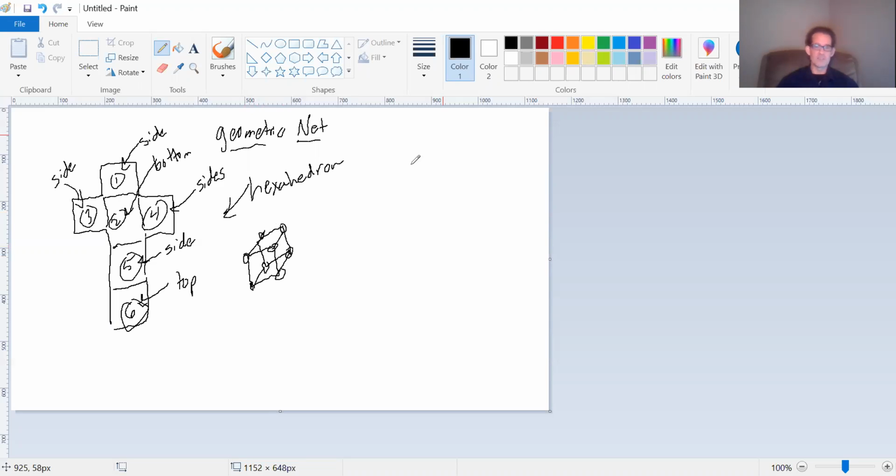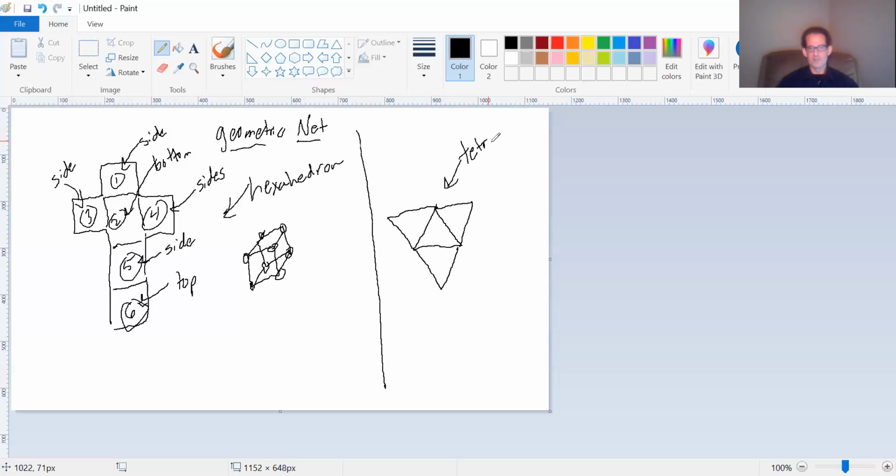Now you'll have other geometric nets that are unfolded. If I went back to my tetrahedron, and I wanted to see what a geometric net looked like for a tetrahedron, I would draw an equilateral triangle, but then on each side, there's another equilateral triangle. So this is a net for a tetrahedron. Again, the advantage of geometric nets is for seeing faces. I can very clearly see there's 1, 2, 3, 4 faces.